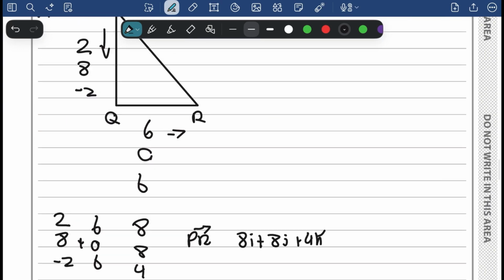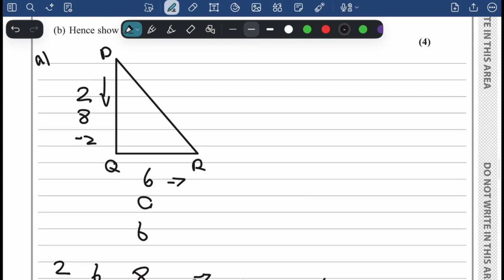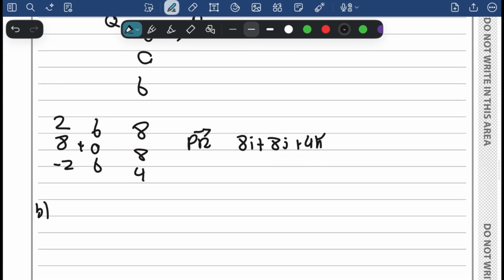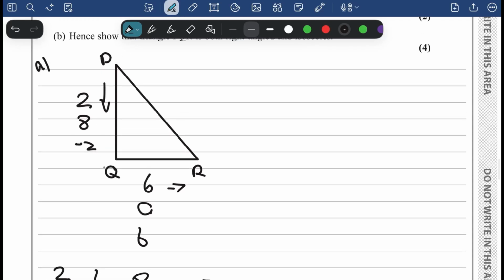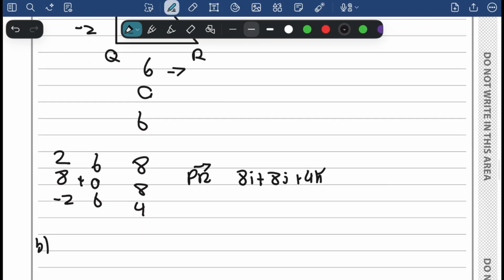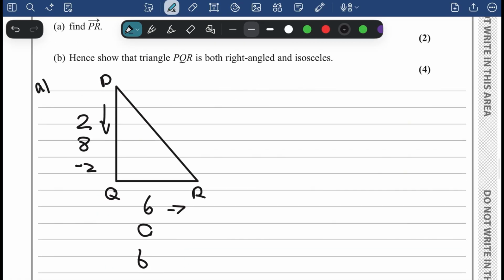Then part B says to prove that, or show that, it's right angled and isosceles. So for a triangle to be isosceles, two of its sides have to be equal, right? And we can see here it's going to have to be PQ and QR, right? Because the hypotenuse can't be equal to one of the lengths, right? So if we want to find the length or the distance of these sides, we're going to have to do the modulus, or the Pythagoras of this.